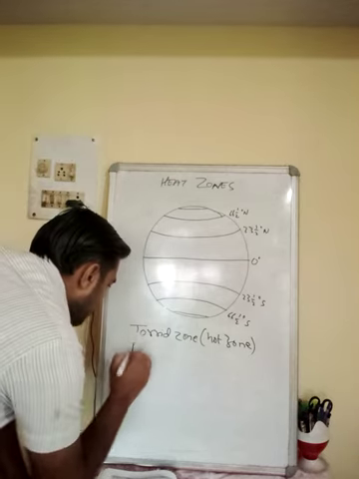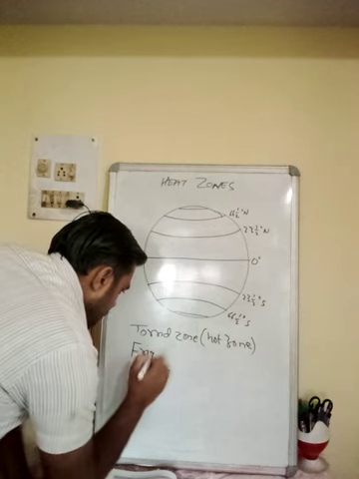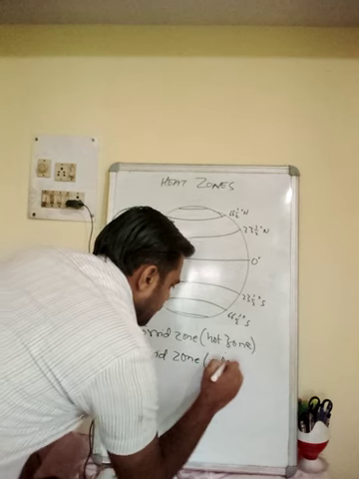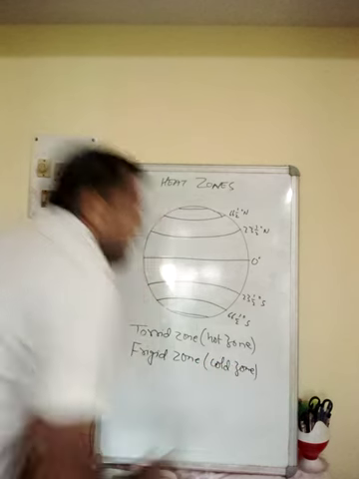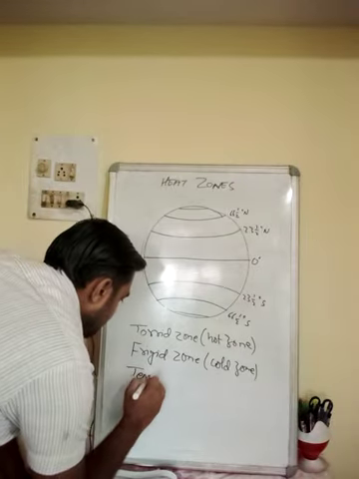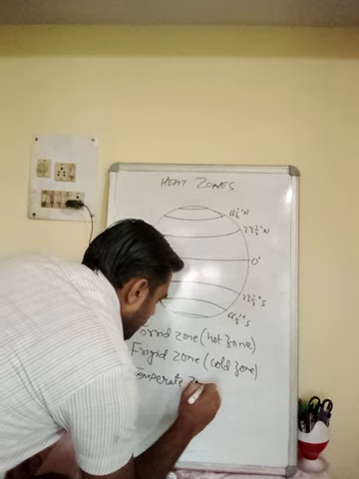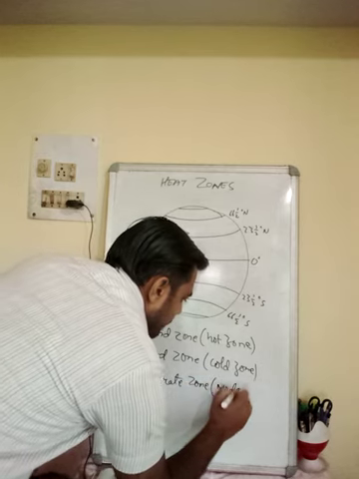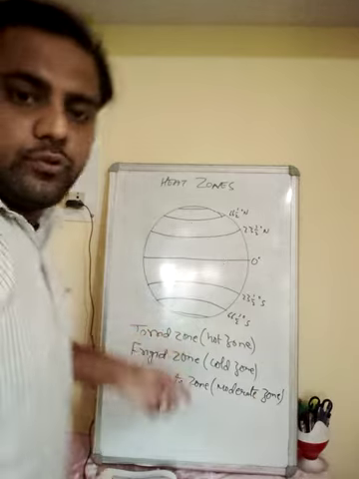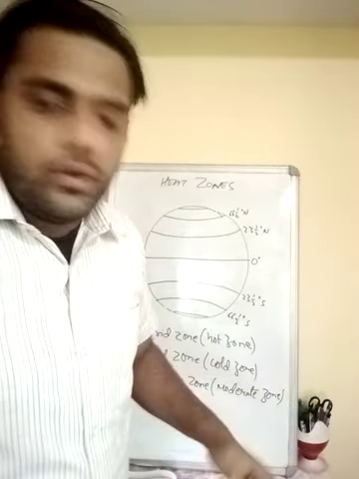Then you have frigid zone. It is the cold zone. Temperature here is very low. And then you have temperate zone. This is the moderate zone, and by moderate I mean the temperature here is neither very hot nor very cold.